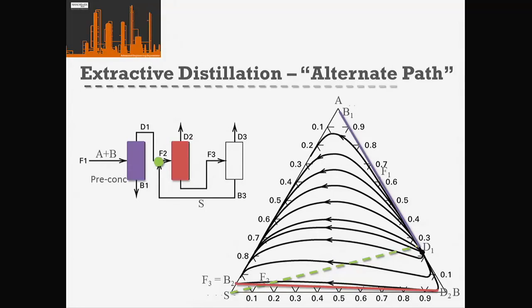So now what we could do is use the lever arm rule on our dashed green line to find out the flow rate of solvent that we need, compared to the amount of our distillate to feed into our red column.